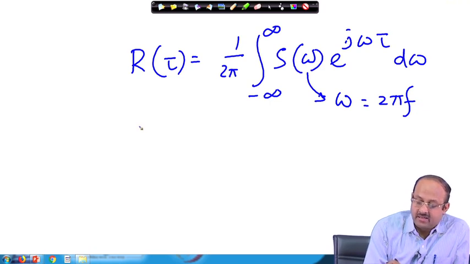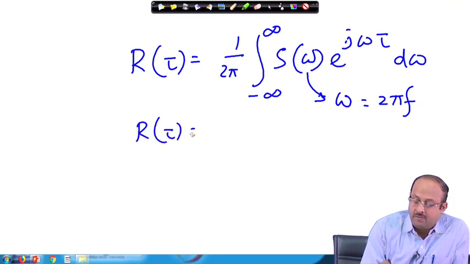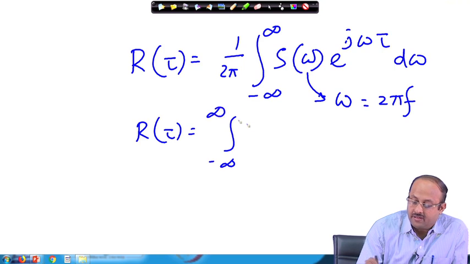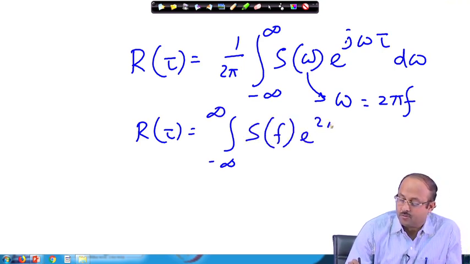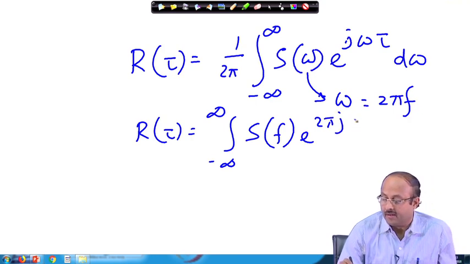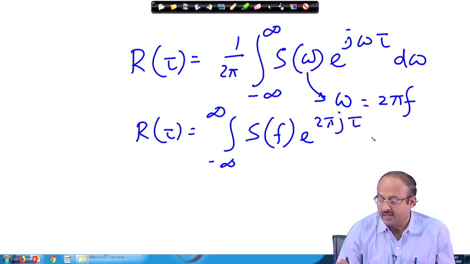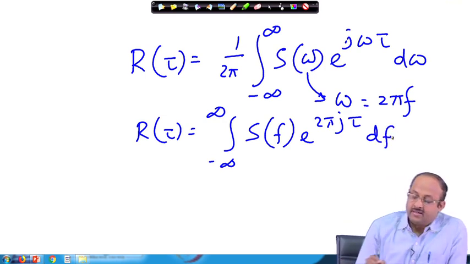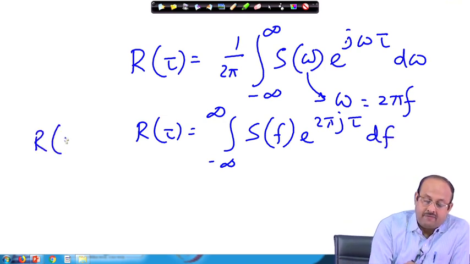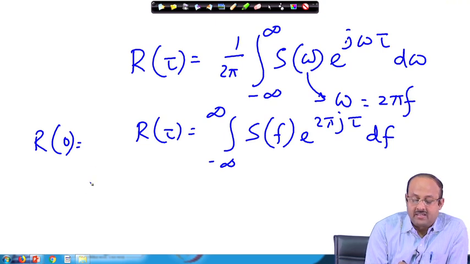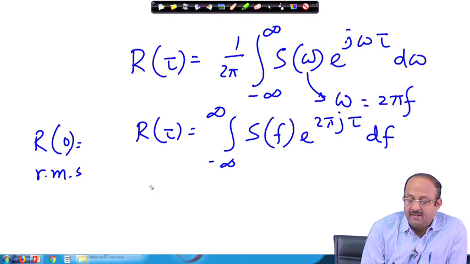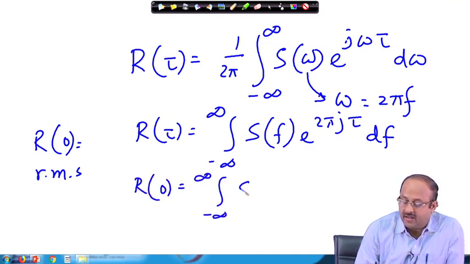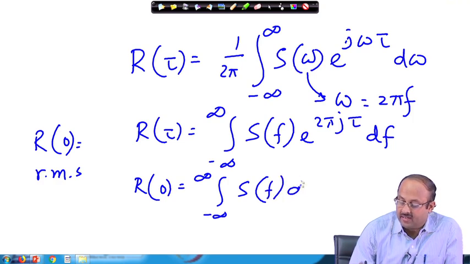Then r(tau) will be equal to the integral from minus infinity to infinity of S(f) e to the power 2 pi j f tau d f. Now, r(0), if you refer to the original definition, is actually the mean square value. So, this is nothing but the integral from minus infinity to infinity of S(f) d f.